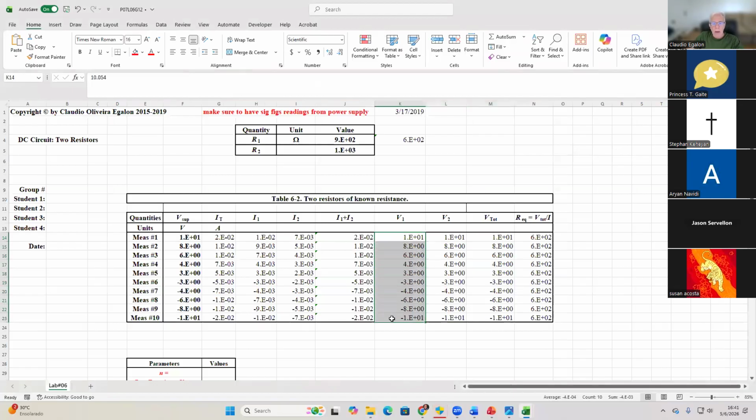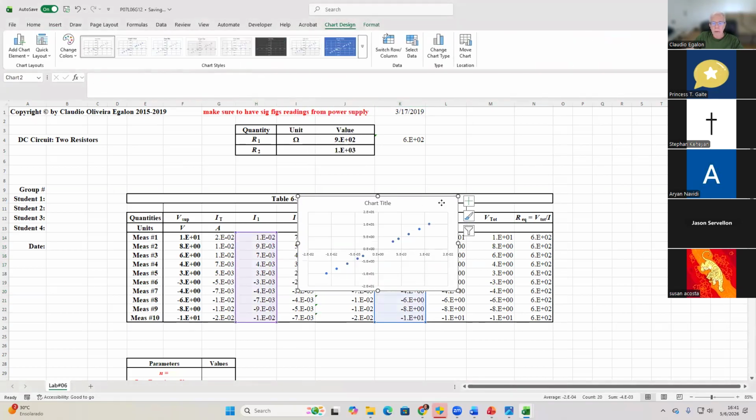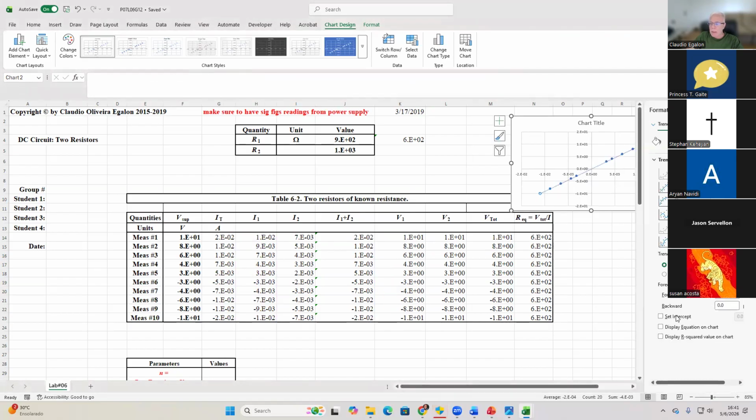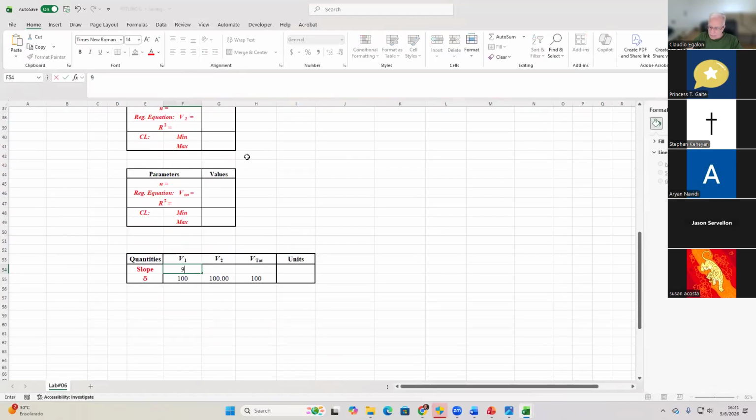So V1, I1, insert chart, right? You go, trend line. I'm getting 909.48 for the slope. 909. Is that what you got for the first? Yes. Okay.